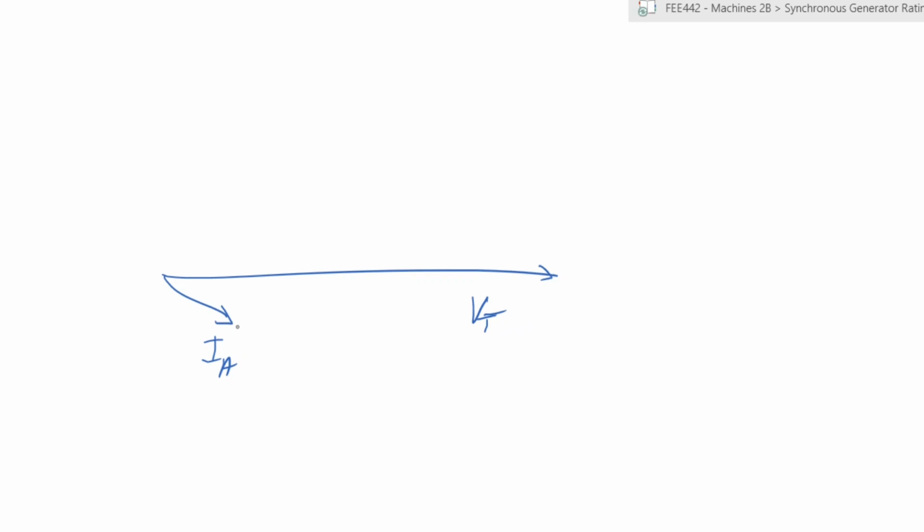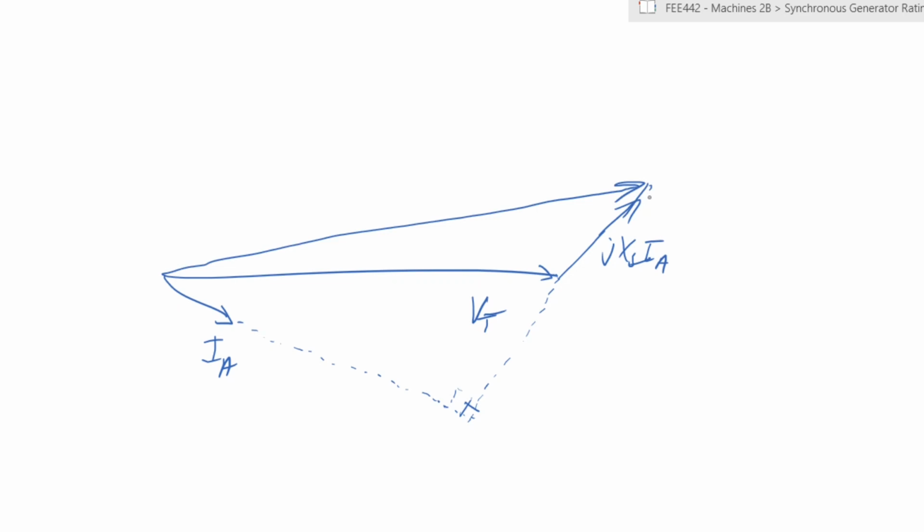Internally, you would of course have your generator having an internal property that looked like that. At 90 degrees, you have jX_S I_A being applied there, and of course, you'd have E_A over there. So let's just extend that, and you have E_A.